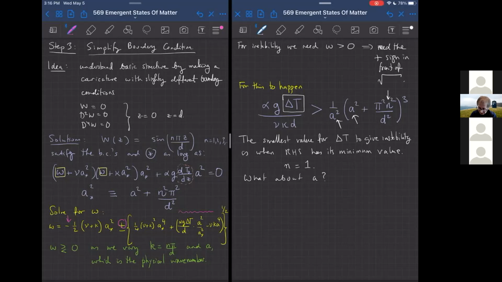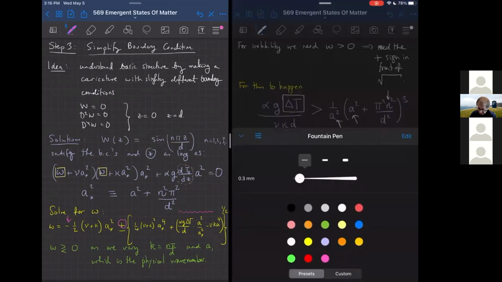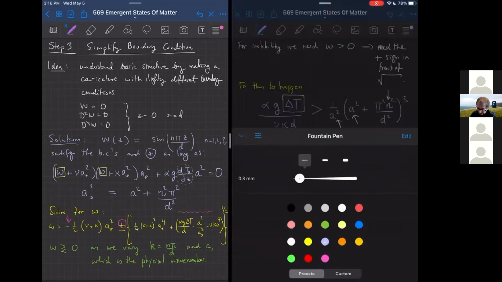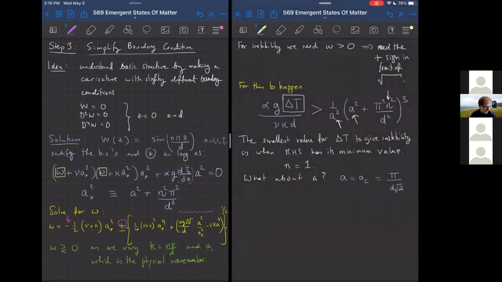And the answer to that, you can just differentiate and work it out. The answer is that a should have its minimum value, a_c, which is pi over d root 2. So all I've done is simply put n equal to 1 in here and then found the smallest value of a. Now I can take those values and substitute them back into the right-hand side.